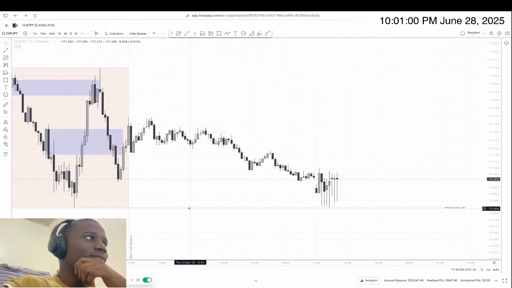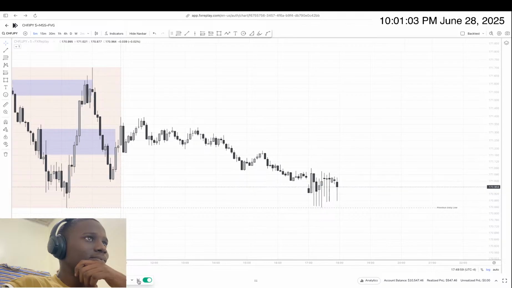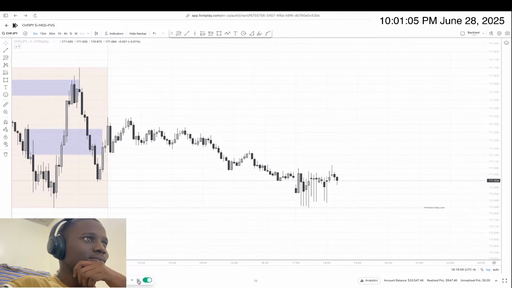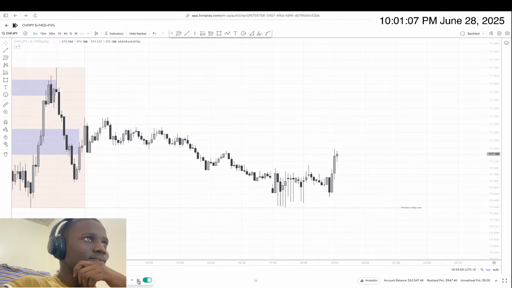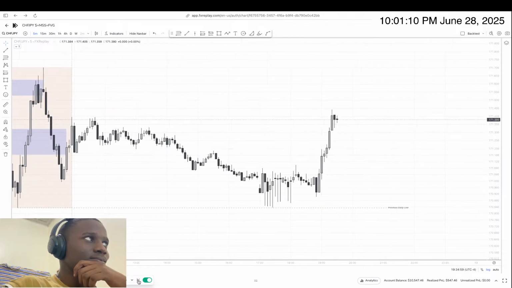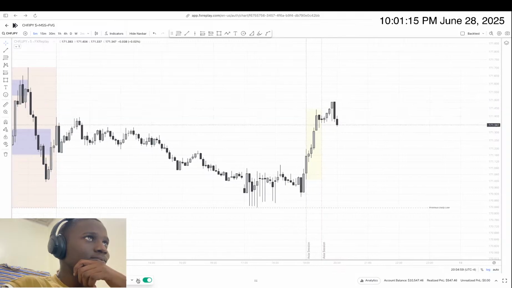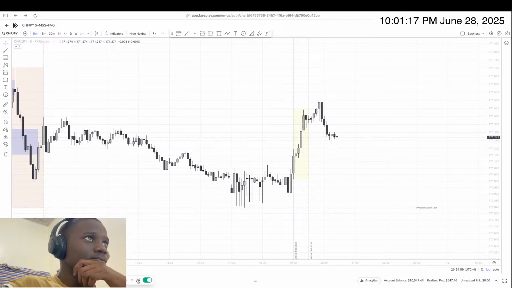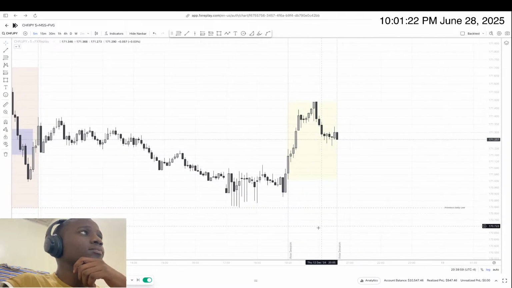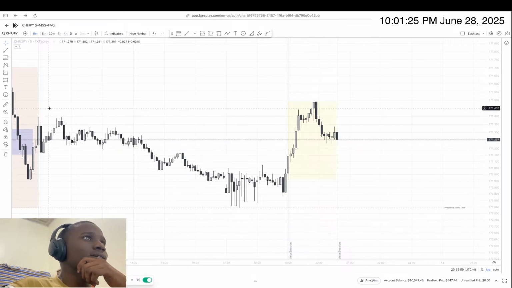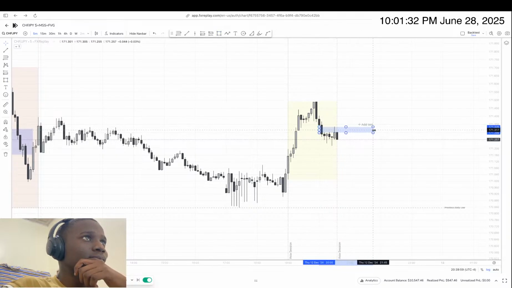So I'd like to see this low get taken out. Check out these highs. Trips the structure internally here. Retraced into the gap. My target is this previous day low.